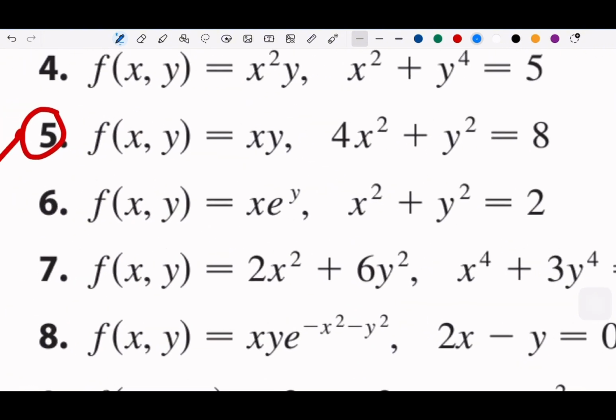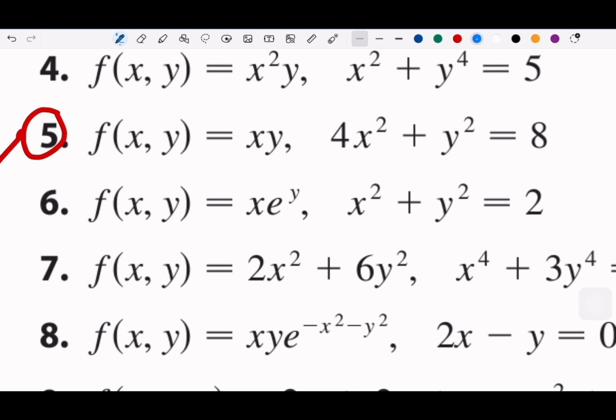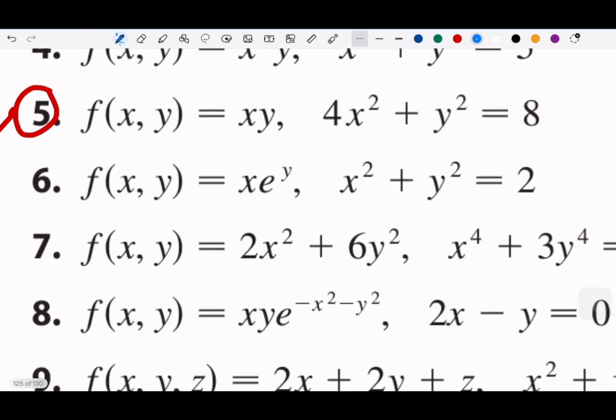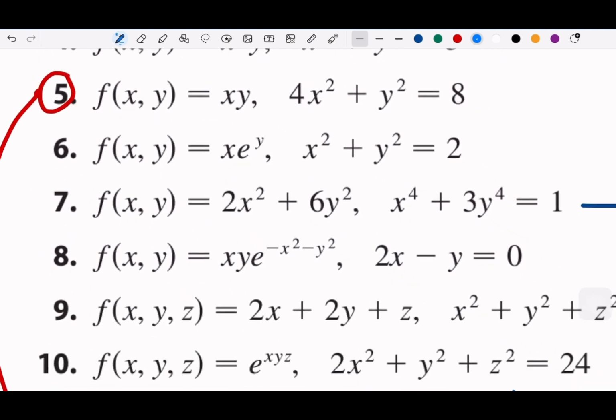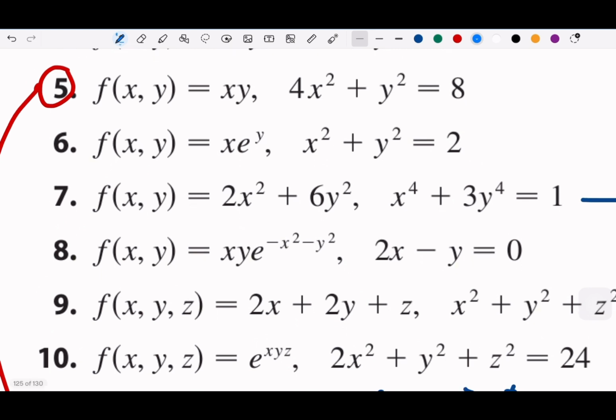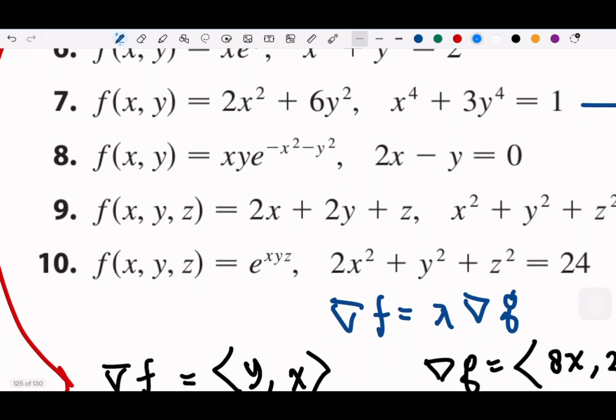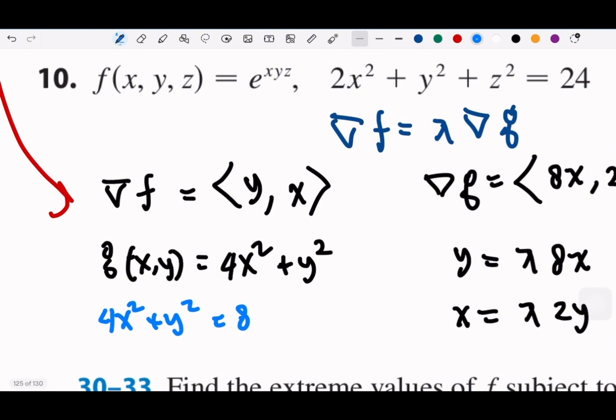So if x is 0, then y is 0. And if y is 0, then x is 0. Which means that x is not 0 and y is not 0. We need to also write this for the first part.